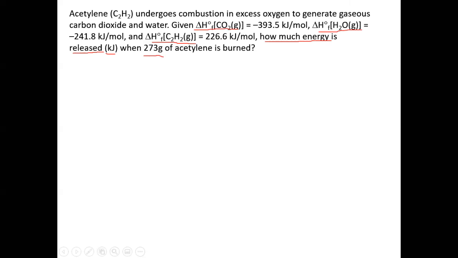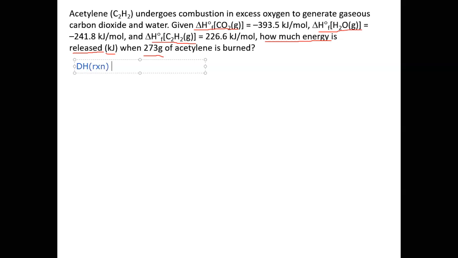So what we have to remember is that delta H of reaction is Q divided by N, so therefore Q equals delta H times N. In order to calculate Q, we need the delta H of reaction and we need N. Again, N is the number of moles.